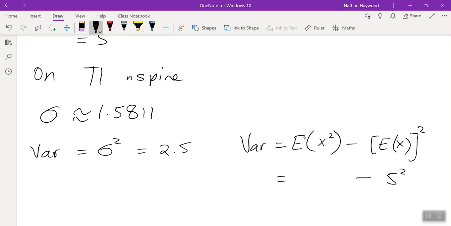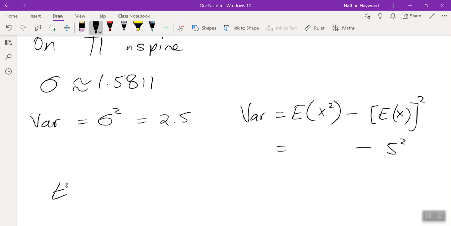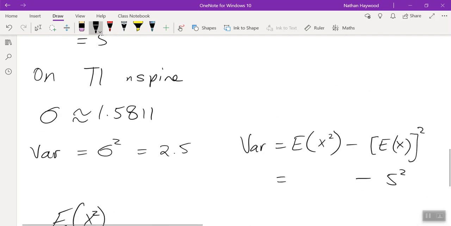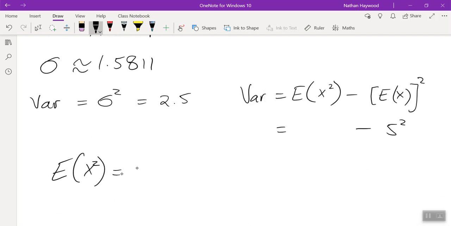That thing happens to every x in the formula. So in the formula I just did, each of these numbers you're going to square. It's like 2 squared times 1 over 16 plus 3 squared times 2 over 16.